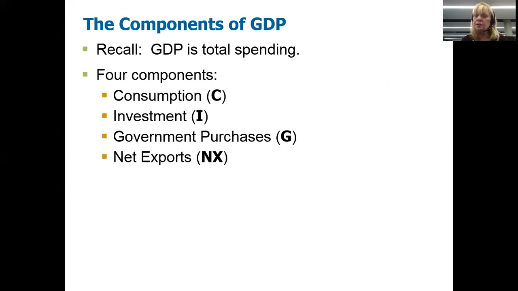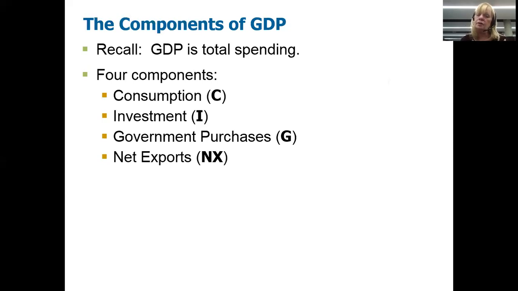The third category is government purchases. We all know that government spends money, and when they spend money, the government spending becomes income to others. And so many businesses across the nation make a lot of money on government purchases. And then finally, you have net exports. Remember that in our definition of GDP, only goods that are produced in the United States count as part of our GDP.